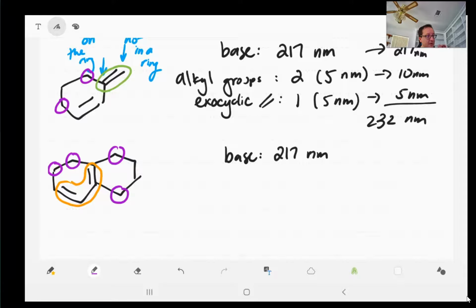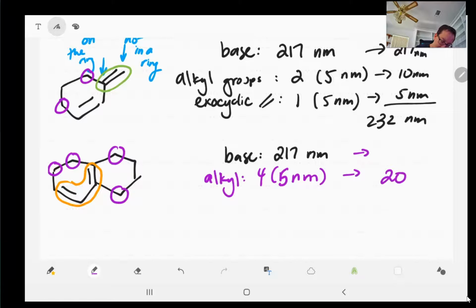So we have four carbons that are connected to our conjugated double bond system. So we're looking at all carbons that are touching a double bond, that are not participating in the double bond. And so in this case, we have four of those. Each one is worth 5 nanometers. So that gives us plus 20.